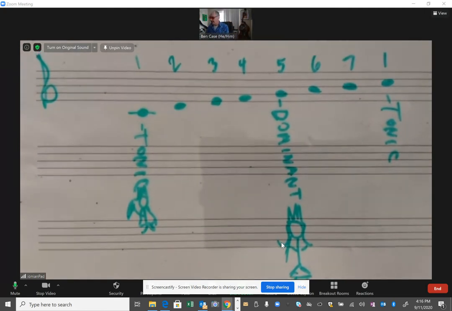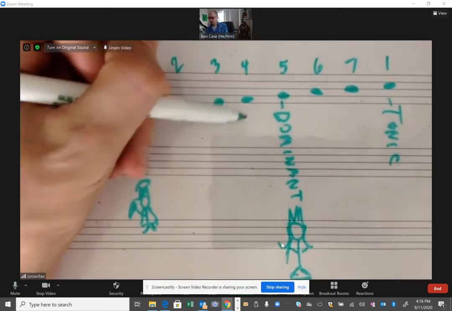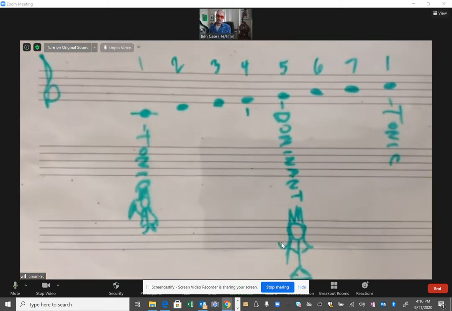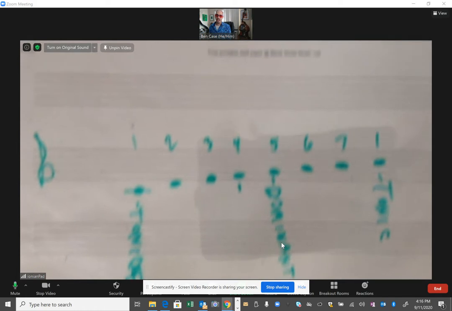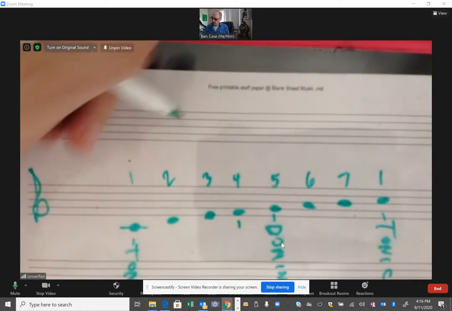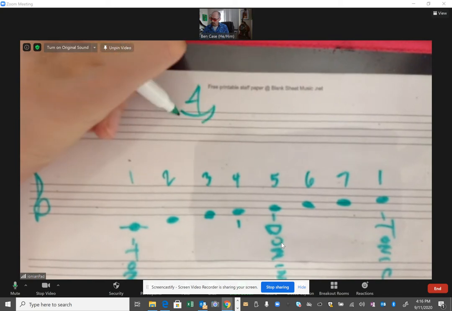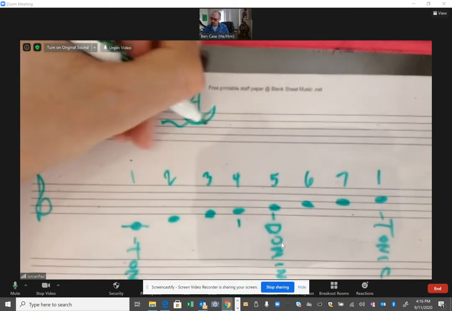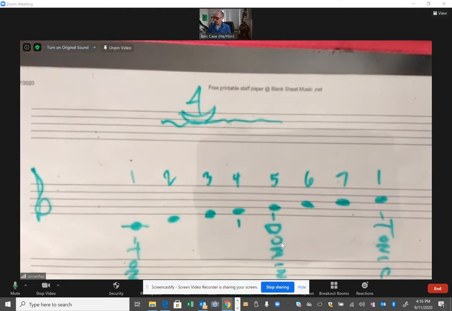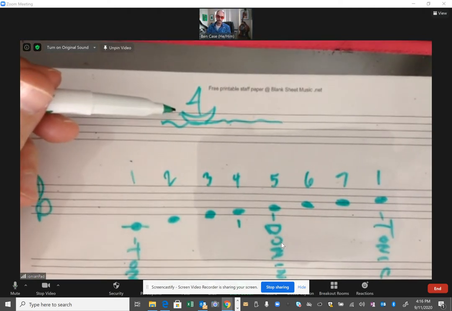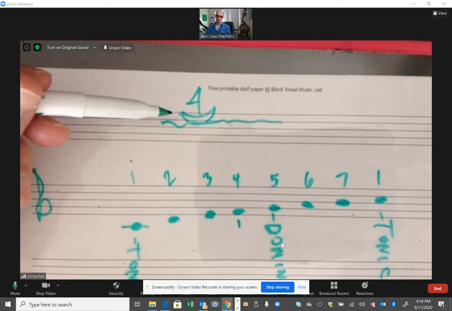Now the next most important scale degree is your 4. Now I'm going to take a quick aside for a moment. As many of you know, as I've talked about it, I used to be a skipper on the world famous Jungle Cruise, right? So this is a boat, but we actually refer to that as a marine vessel.